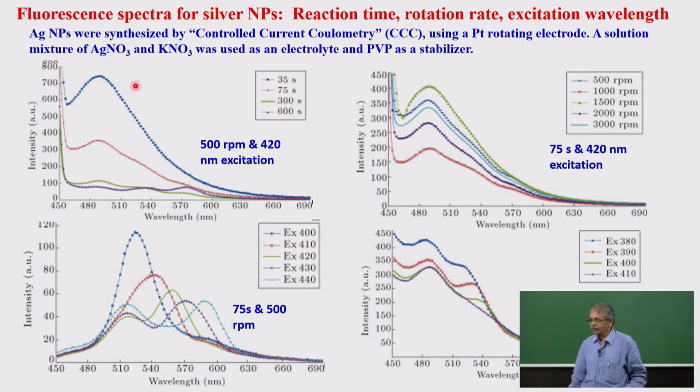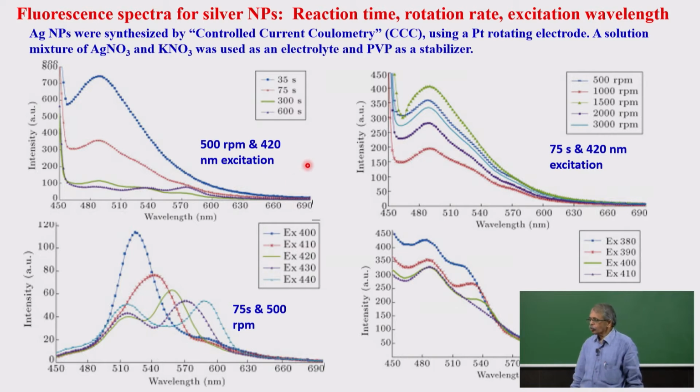As you increase the reaction time, the nanoparticle development is slowed down, or less in intensity. These are all the SPR bands from which you're getting your corresponding fluorescence emission. So the fluorescence emission is dependent on one of the reaction conditions, the reaction time.